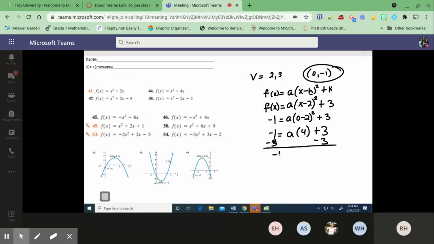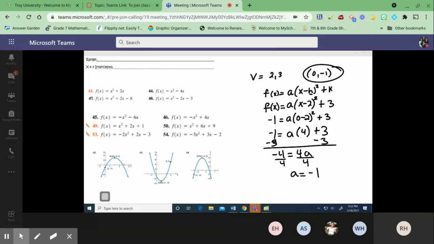And negative 4 is equal to 4 times a. Divide by that 4, and a equals negative 1. Did we want our a to equal a negative 1? Look at our graph. It's concave down, so I needed a negative 1 for a. That makes sense, doesn't it? All right.